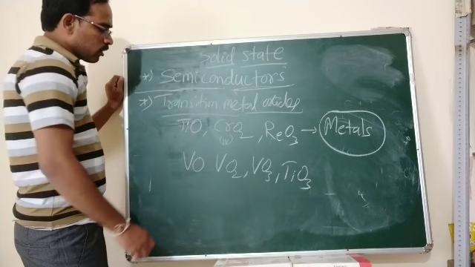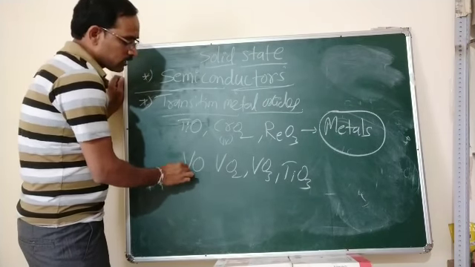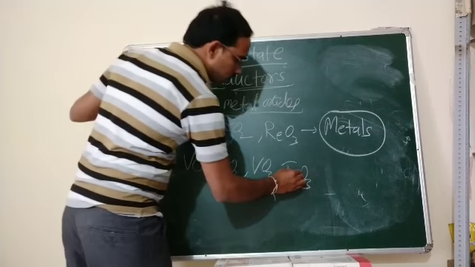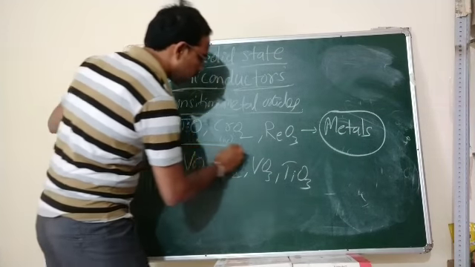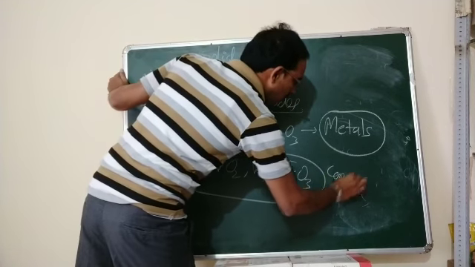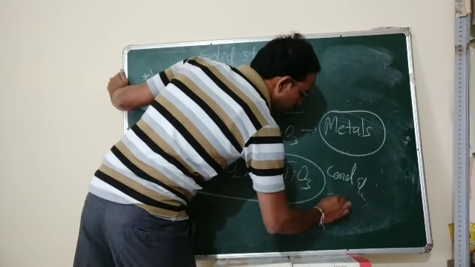Then vanadium dioxide, vanadium trioxide and titanium trioxide act as conductors as well as insulators.